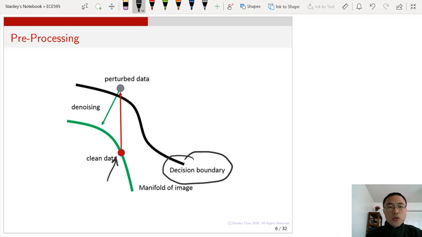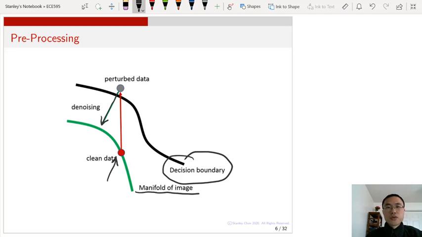The denoising or pre-processing that we are going to apply is going to project this data point onto some kind of manifold. And this is called the manifold of the image because it's really defining the space where the image should look like. Now, this is a very abstract concept, but you can imagine, what would be the space of images? Would it be just a bunch of numbers?